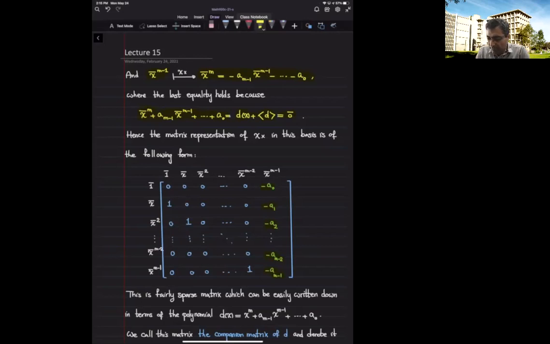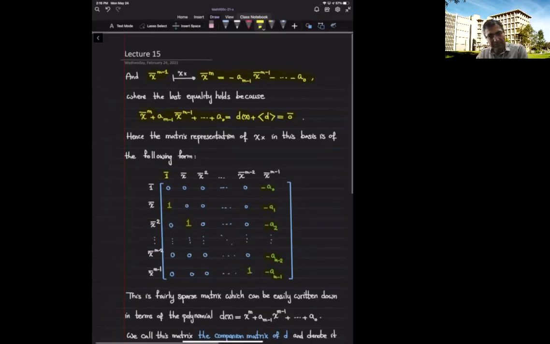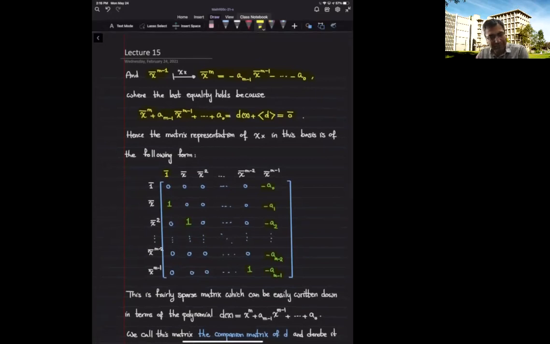As you can see, when we apply it to 1 bar, we get x bar. So that's the coefficient for x bar, and the other coefficients are 0. When I apply it to x bar, I get x bar squared. That's the coefficient for x bar squared, and the other coefficients are 0. We continue like that, having ones just below the diagonal till we reach the last column. There, we have to put the negative of all the coefficients of the polynomial d.